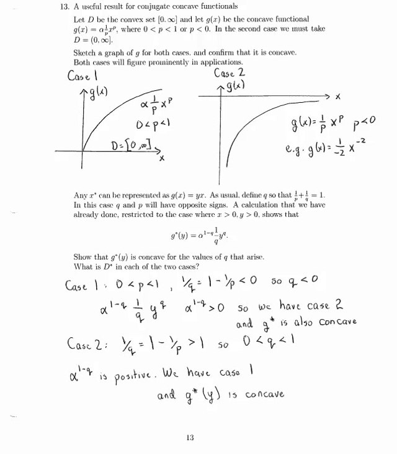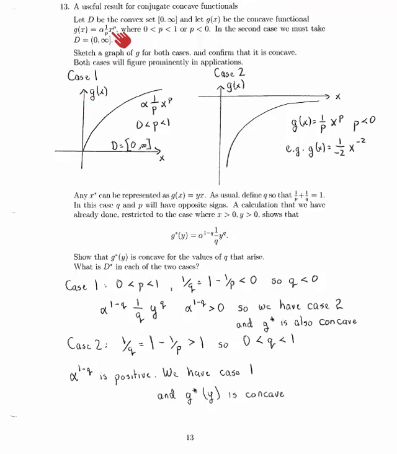Now, there are two sorts of concave functionals that figure prominently in the applications that we're going to be doing. And so I want to show you a general rule for calculating a conjugate concave functional. We have to distinguish two cases, and here they are illustrated graphically.